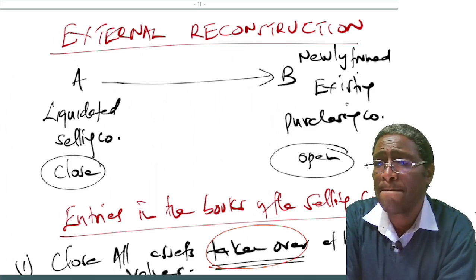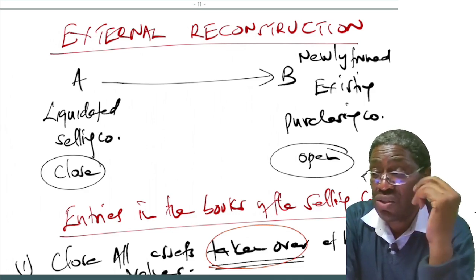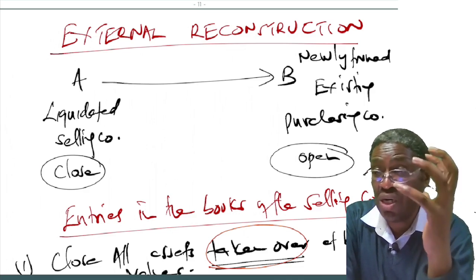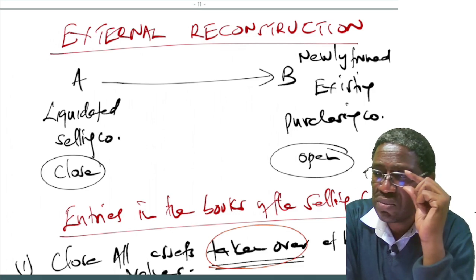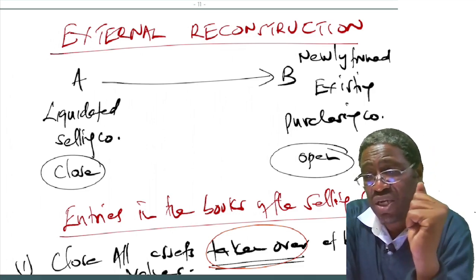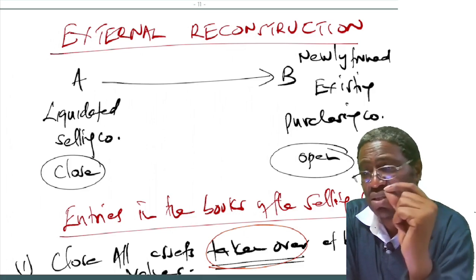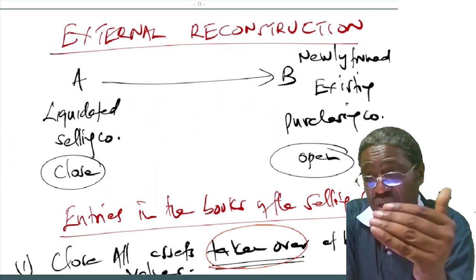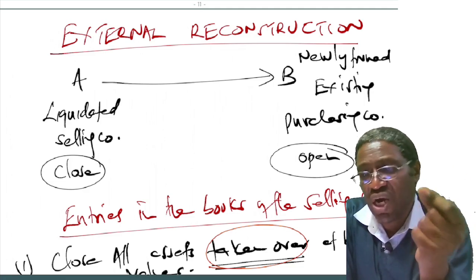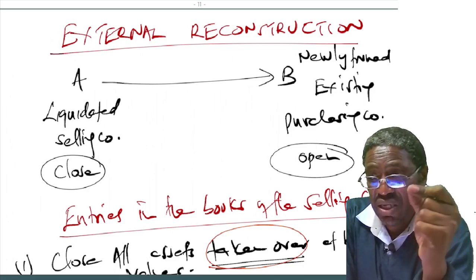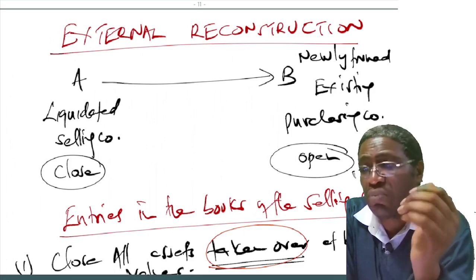Then you say this: external reconstruction occurs when a company is liquidated and they sell their business to another existing company or a newly formed company.